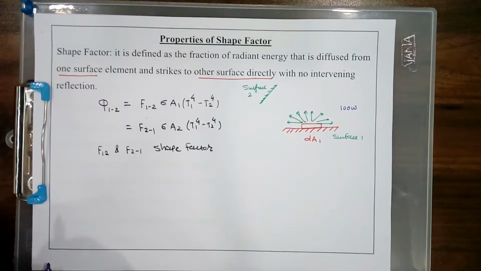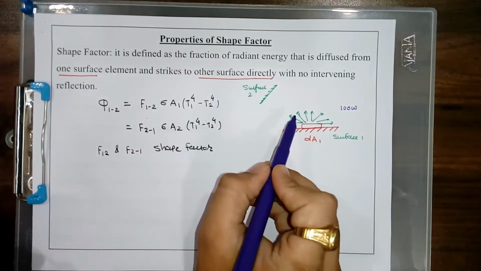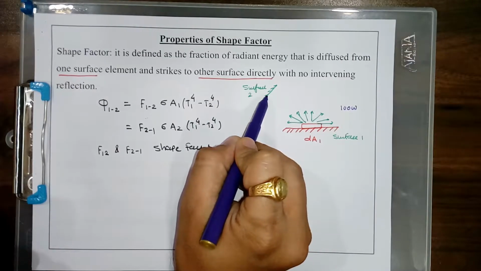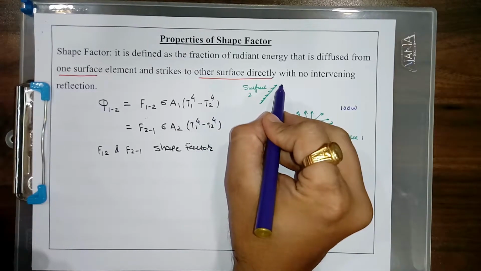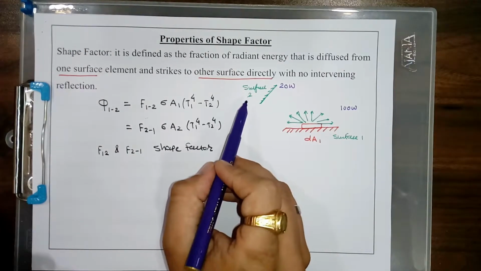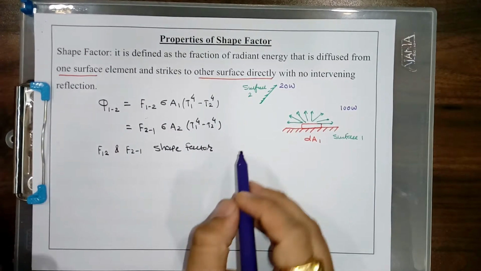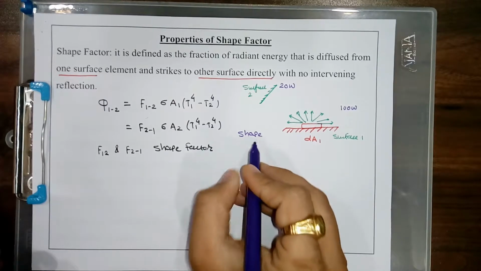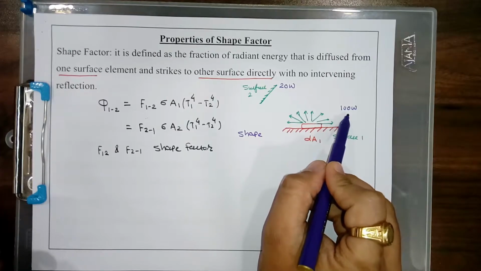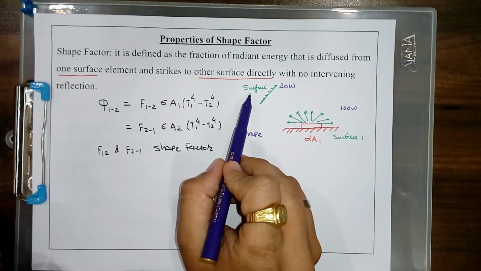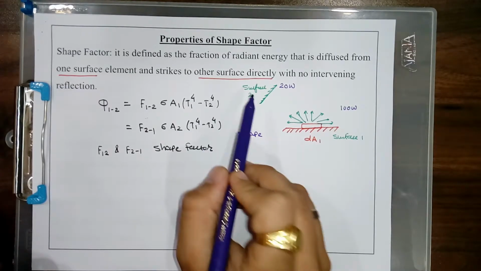Now let's say, for example, that 100 watts of energy is emitted from surface 1, and out of that, the energy which directly strikes surface 2 without any intervening reflection is, let's say, 20 watts. Then the shape factor in this case is 20 out of 100.